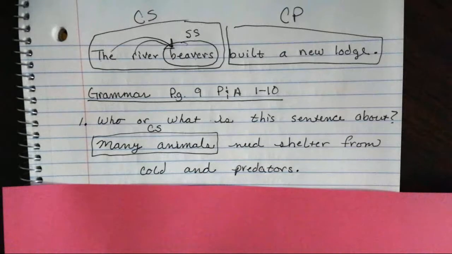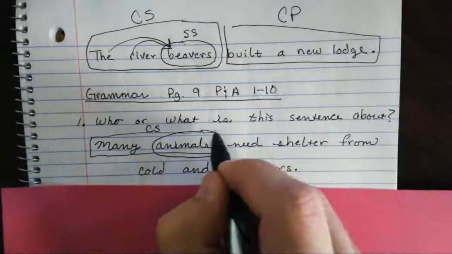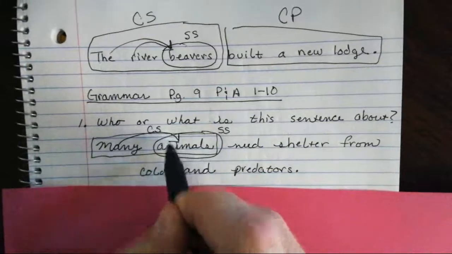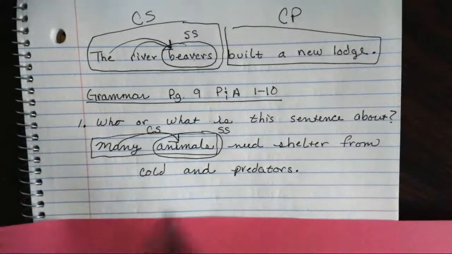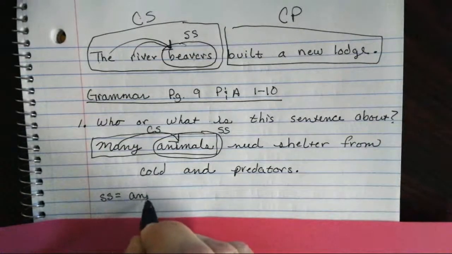What now is the simple subject? Animals. Simple subject. Many is a word describing what type of animals. What type of animals? Many animals. Or how many animals? Many animals. Okay, it's acting as an adjective. So, your answer for number 1 is simply simple subject equals animals.